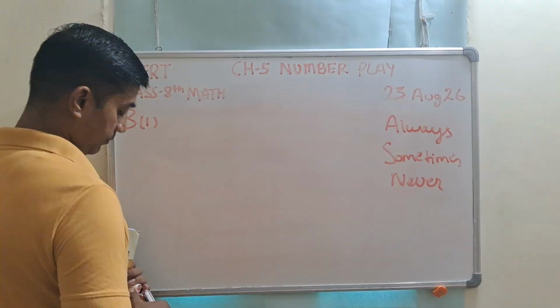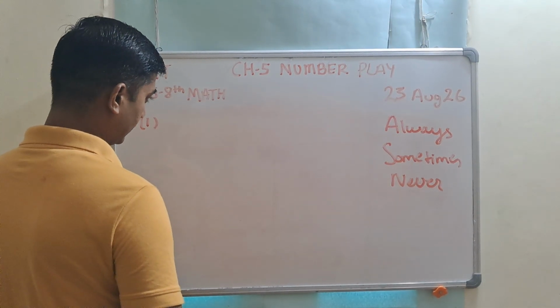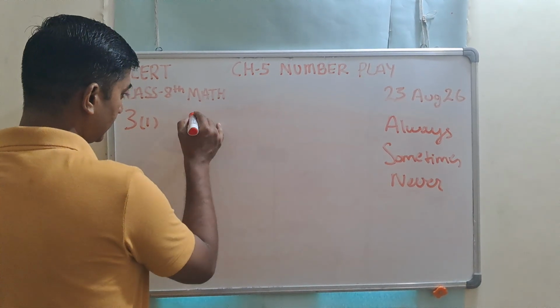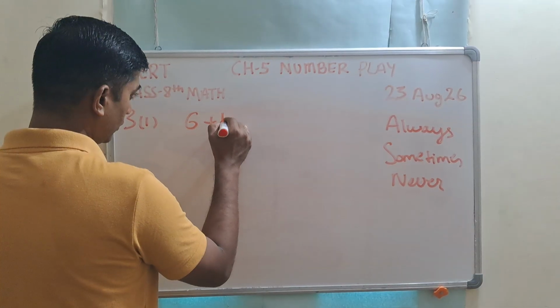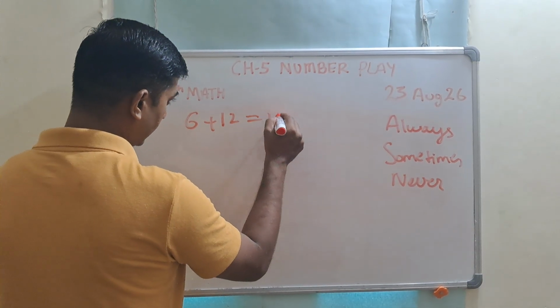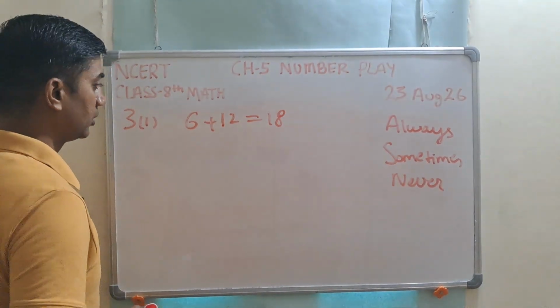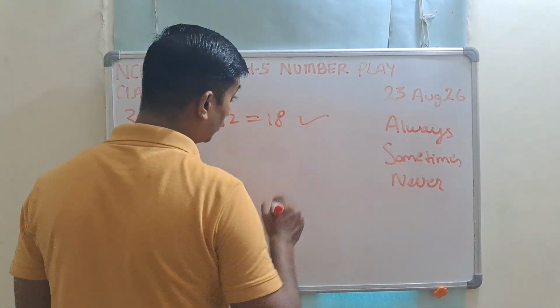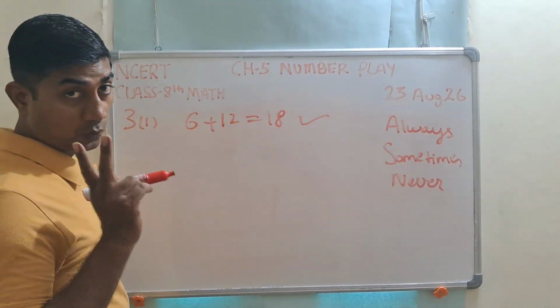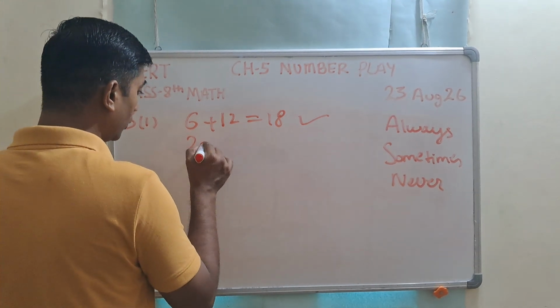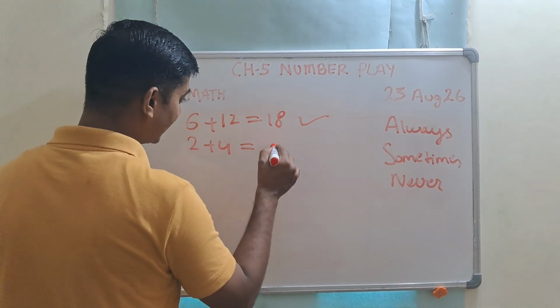Let's take a random example that we'll check. Now see. 6 is an even number, 12 is an even number, our result is 18, and this is a multiple of 3. Understood? So this is true. Now we will take the first 2 even numbers, 2 plus 4. What is the result? 6.